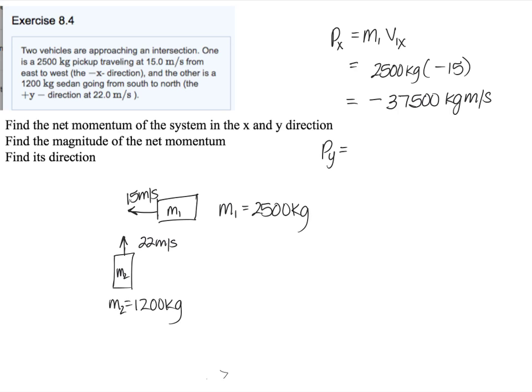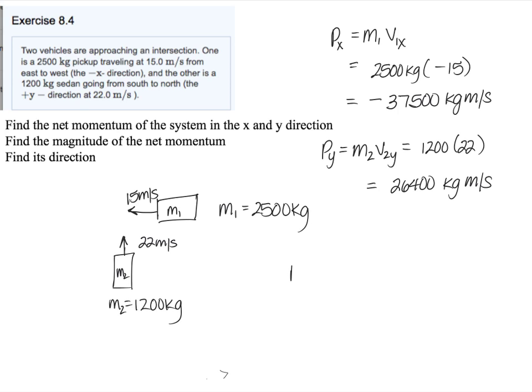The y momentum of the system is due to mass 2 because it's moving in the y direction. So we have 1,200 kilograms times the 22 meters per second. It is positive velocity, and that gives us a y momentum of 26,400 kilograms meters per second.